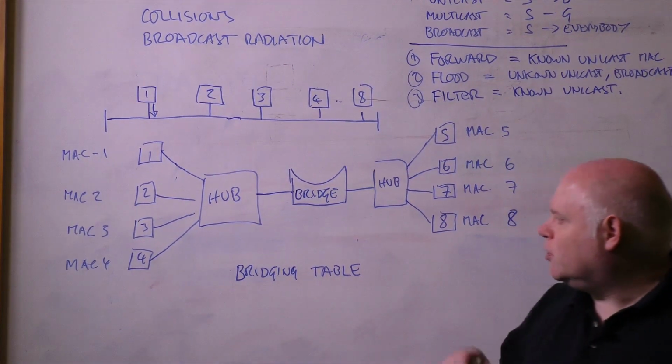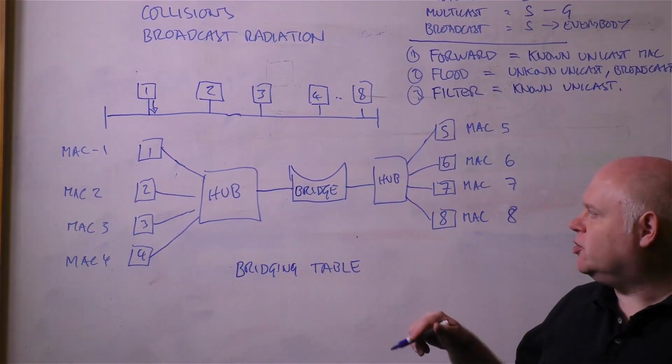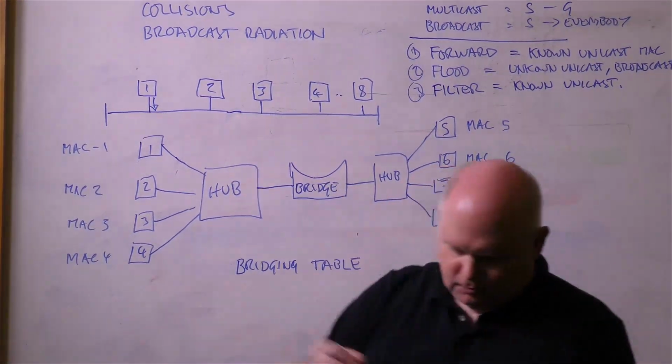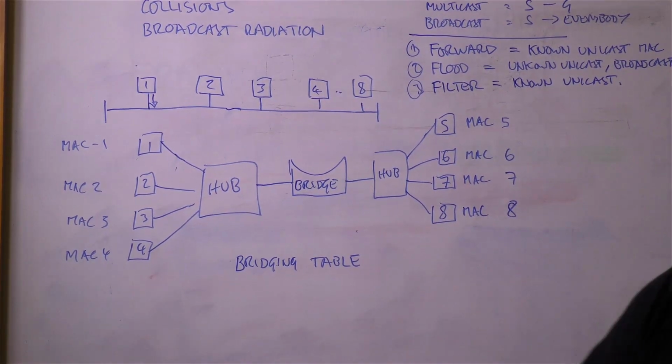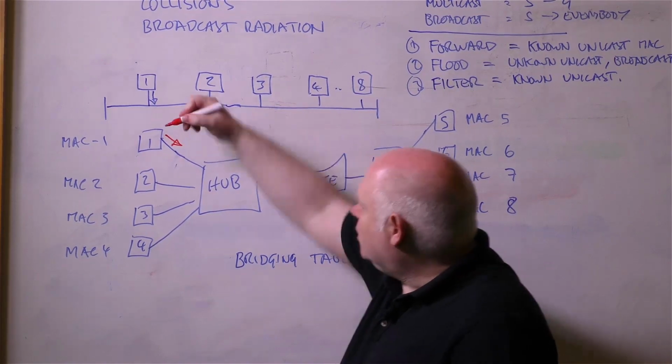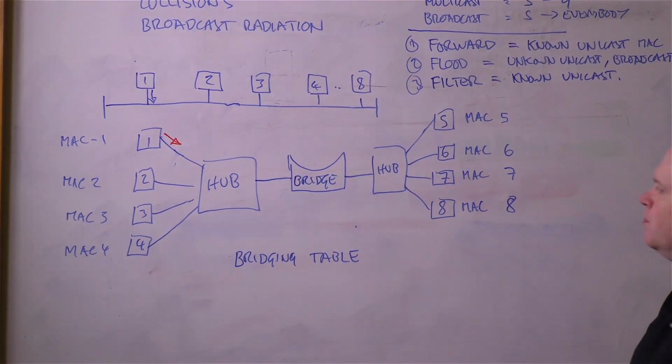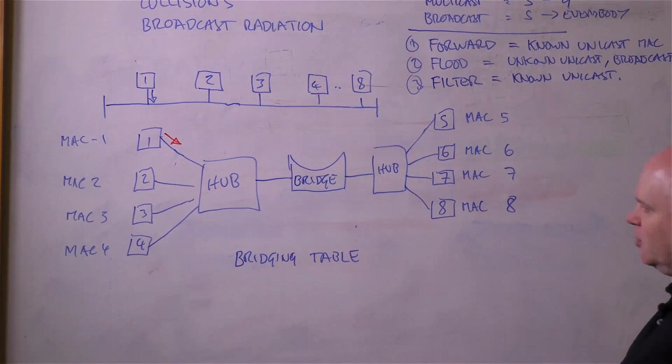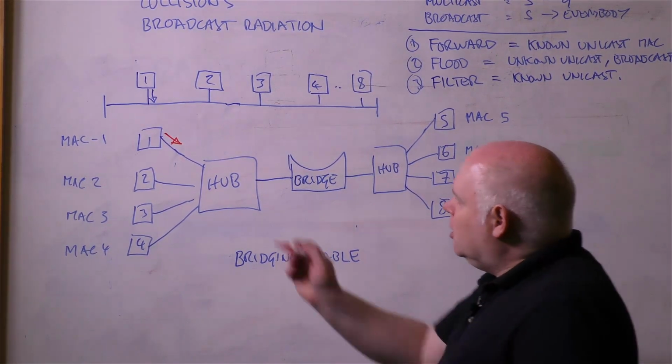So machine number 1 with the address MAC 1 wants to talk to machine number 2. So machine number 1 sends out a frame onto the local network segment, the shared segment.